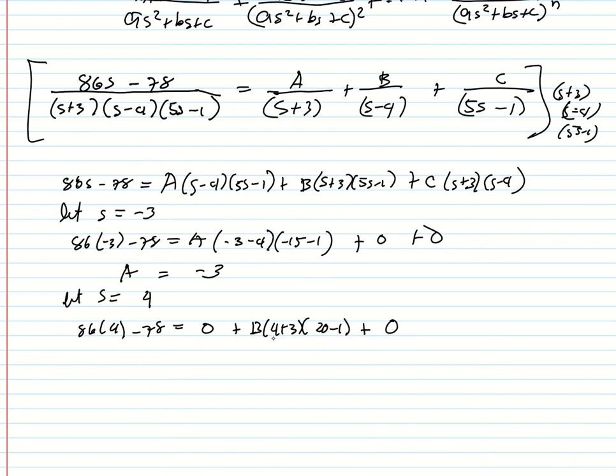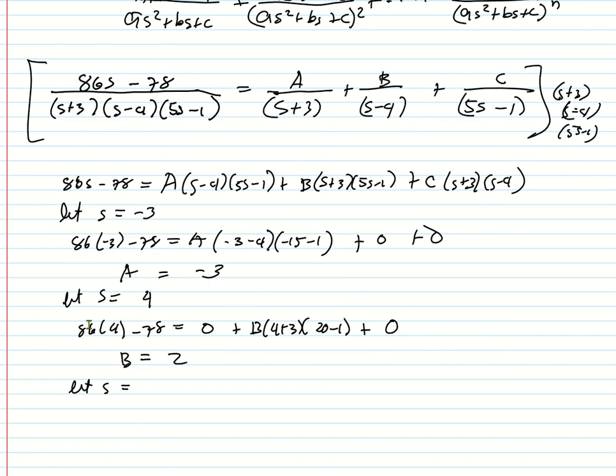Then solving for b here, this will be 7 times 19, then you divide it with this, and the answer will be 2. So b is 2.